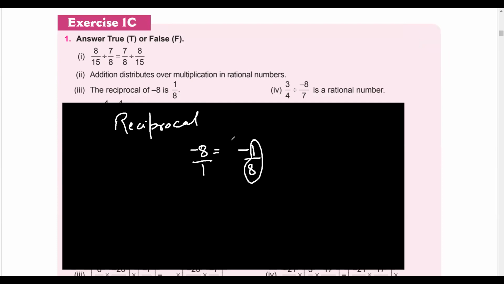Yes, ma'am. So negative 8 by 1, a reciprocal of it is minus 1 by 8. Clear hai? Clear, ma'am.